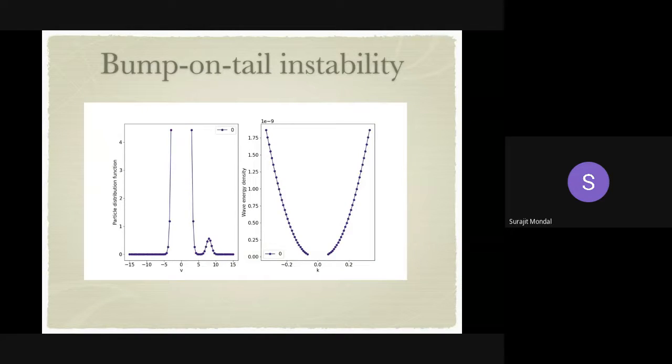Now, to explain that, I will explain something called the bump on tail instability. So, the corona is a million Kelvin plasma. Okay, so the distribution function is that of a Maxwellian distribution. Now, suddenly you have these accelerated particles which have been introduced into the system.